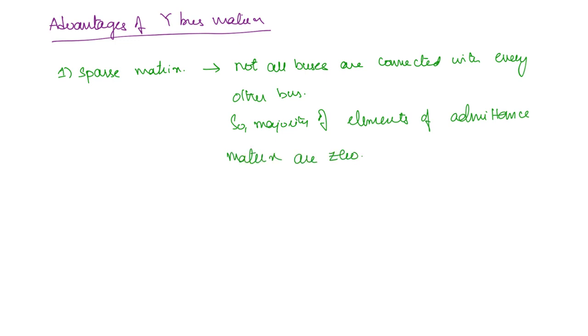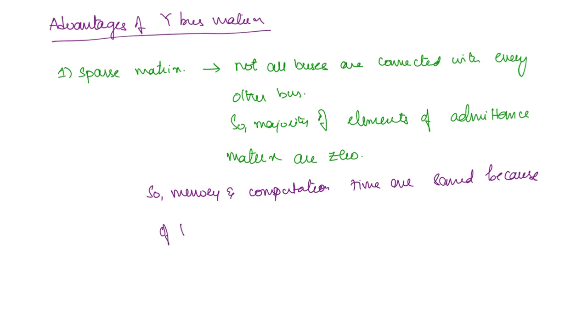So this is going to reduce the memory as well as the computation time. This is often done in computer systems, right? And there memory becomes a very important factor. Okay, so memory and computation time are saved because of the sparsity of the Y-bus matrix. The second point is the formation of the admittance matrix is quite simple.